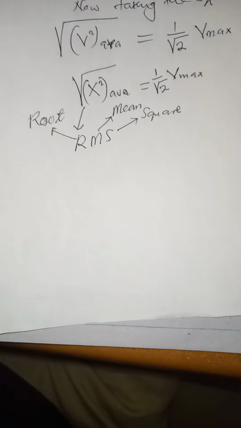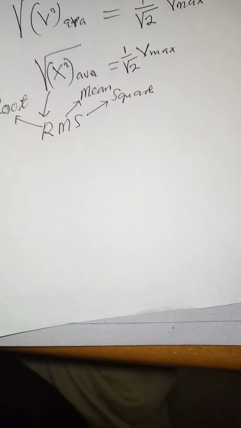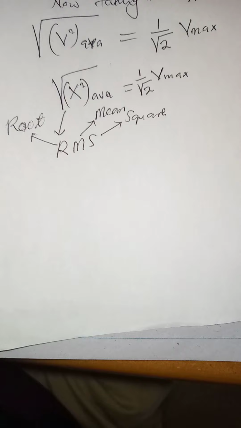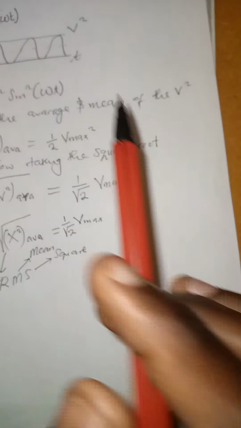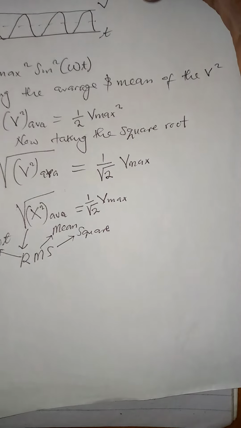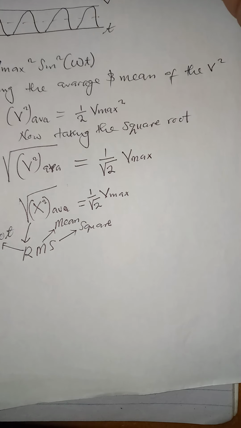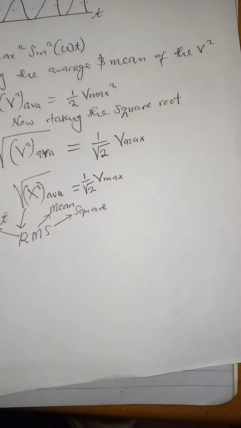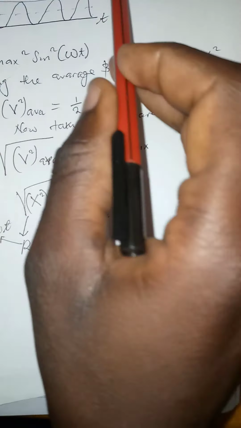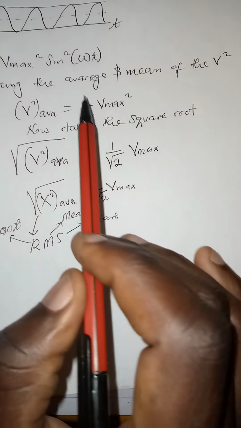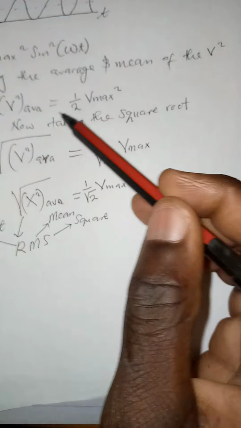Okay. So since when we started, let's just do a quick recap. We are saying squaring the voltage squared, or the sine function graph, what you get is the graph which looks like this, and then taking the mean and the root, what do you get? You get this one.